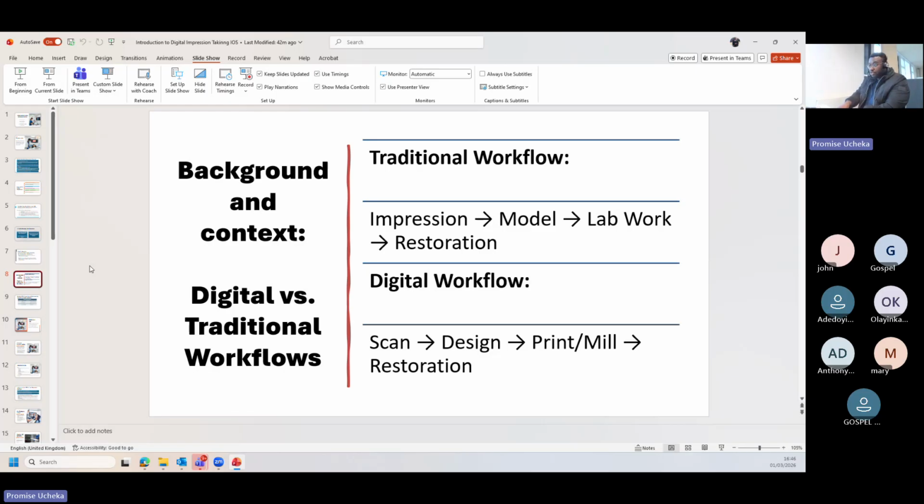Okay, so you do the design there, and then you send it to the mill for printing or milling. That's where the lab people will put it through their 3D printer, and it just prints that appliance with a high level of precision as against what would have been done in the laboratory.